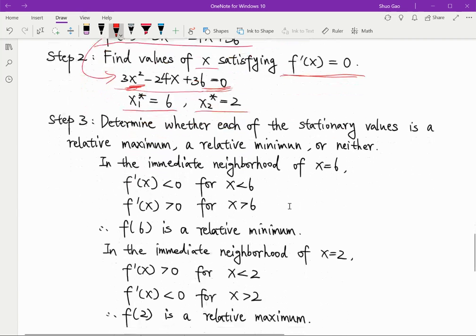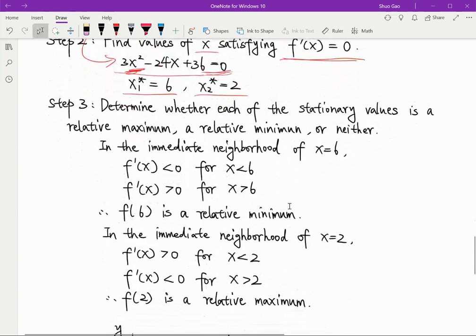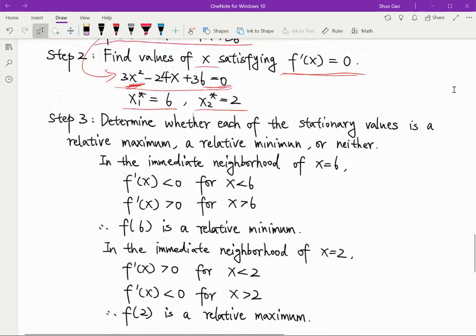So the third step, which may take a lot of time, is to determine whether each of the stationary values is a relative maximum or relative minimum or neither. The way we test this is to find the immediate neighborhood of the root.